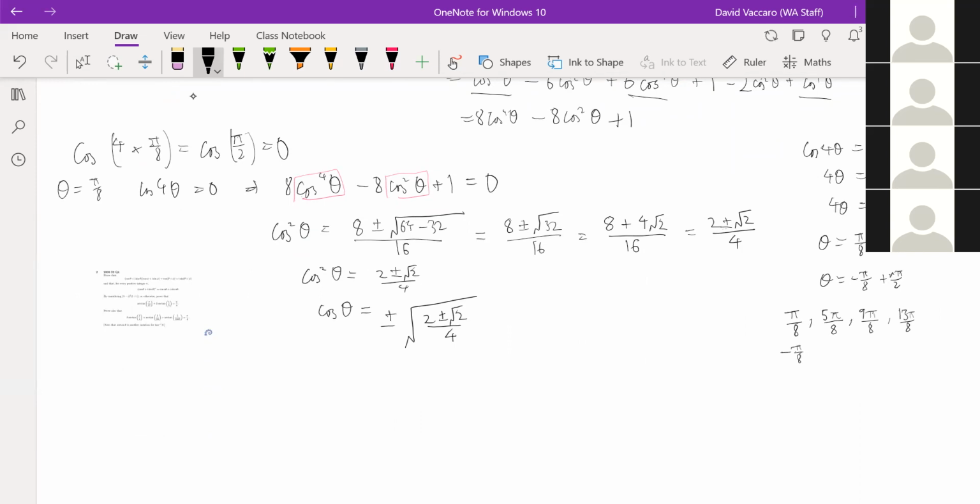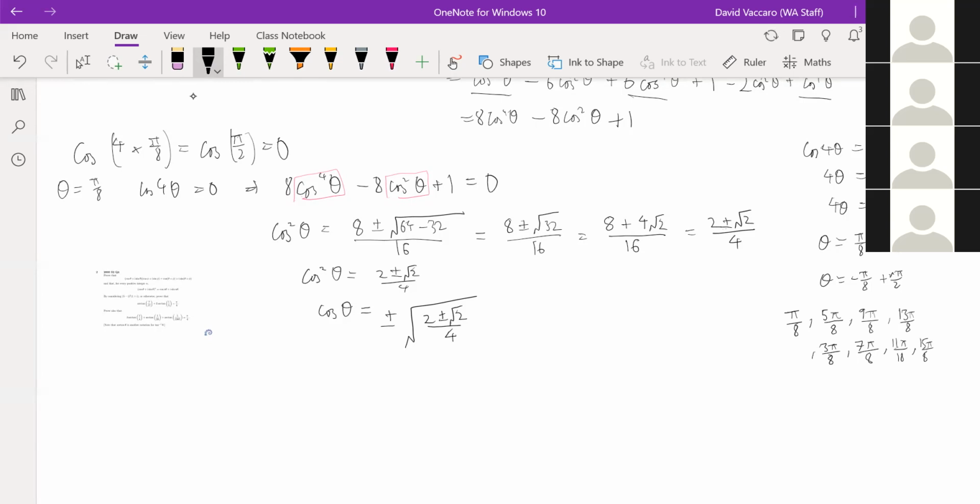minus pi over 8, 3 pi over 8, 7 pi over 8, 11 pi over 8, and to make them all positive, I'll take 15 pi over 8. But we can see cos of 15 pi over 8 is just going to be the same as cos of pi over 8, so these are just the negative angles.